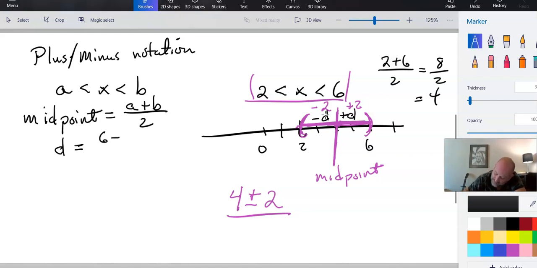So that's 6 minus 2, but you'll notice it's only half of that interval length. So B minus A is what I meant to write. So it's B minus A, and then I want half of that, so that's over 2. Okay, so here's what I want to do. I want to walk back through this exact same problem, but this time we'll use the formulas.